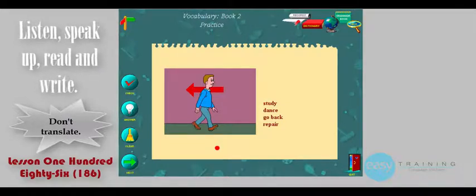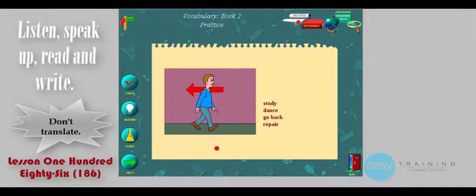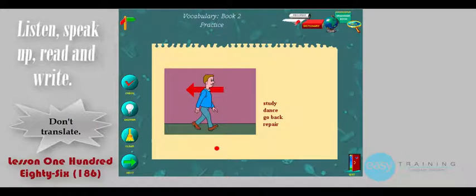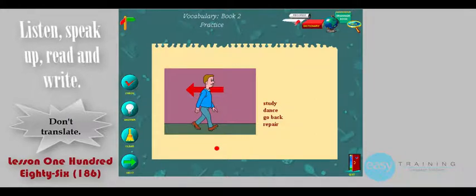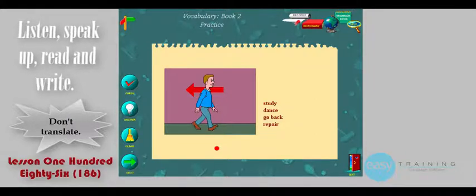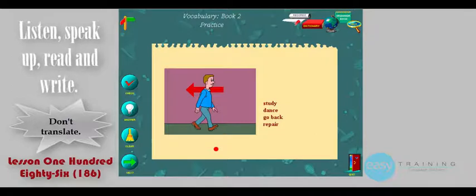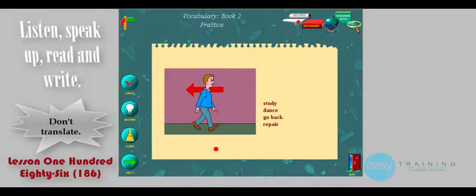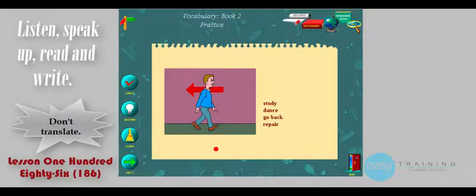So it is necessary that you continue listening carefully, speaking up, reading and writing, so that you can apprehend those words and start using them spontaneously in your everyday language in English. Is that right? Let's get ahead.